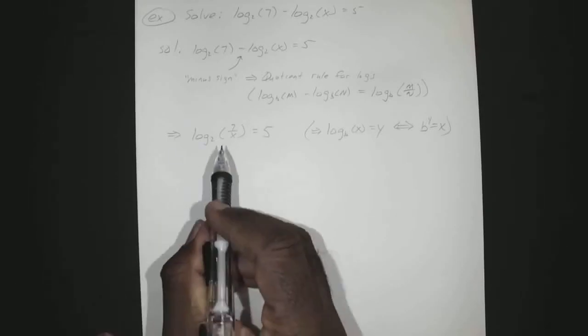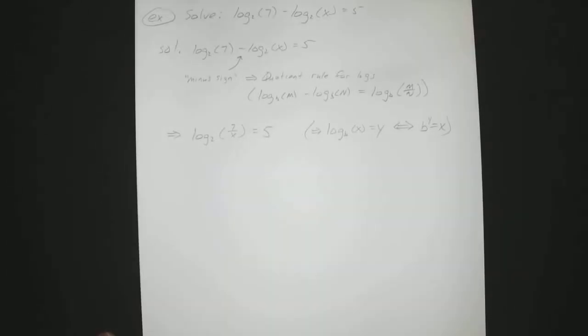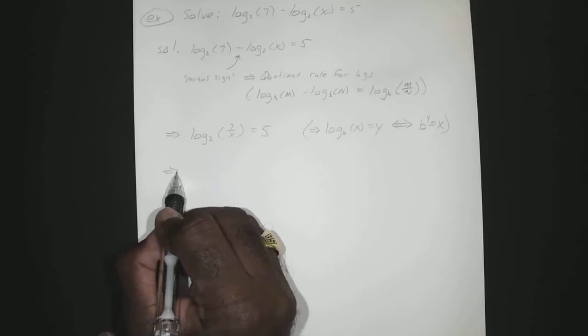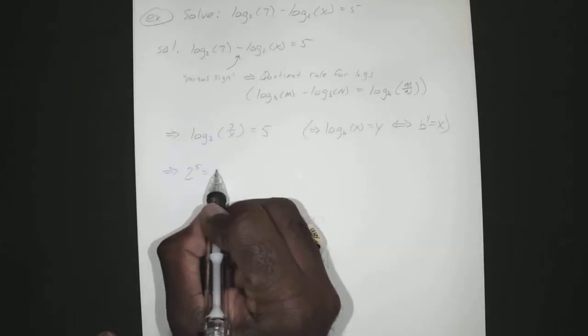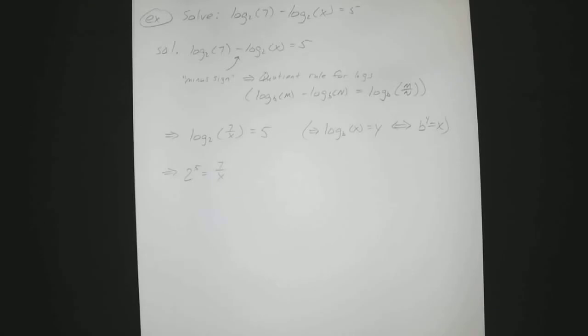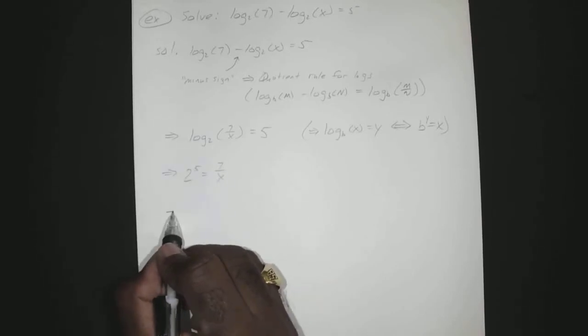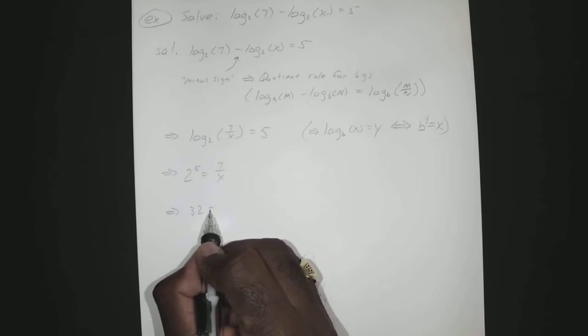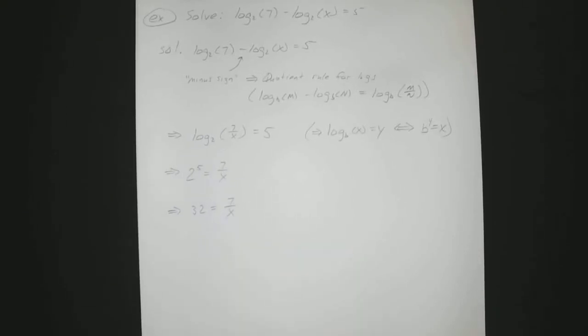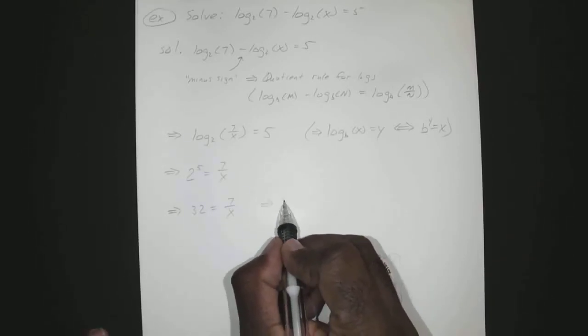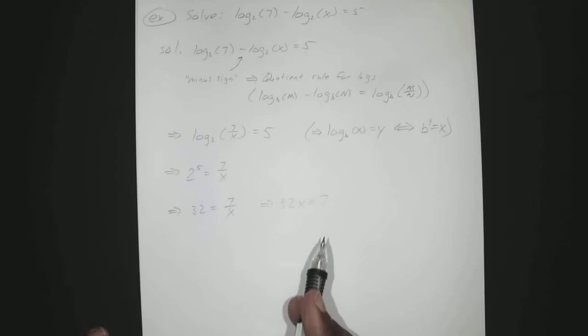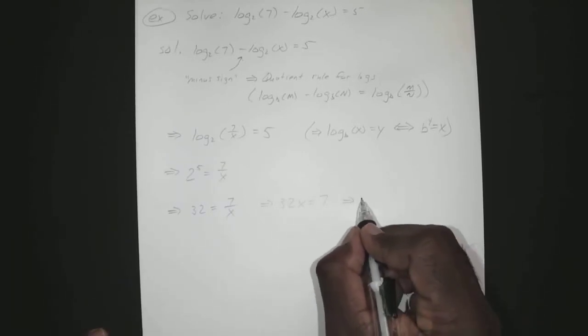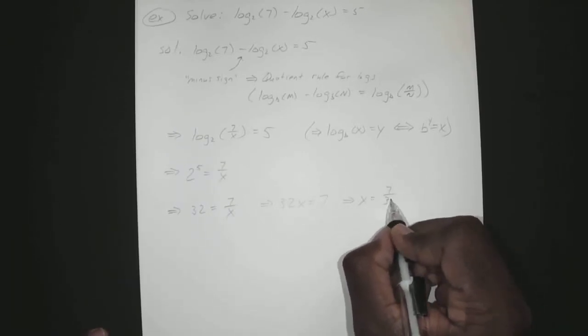So this becomes 2 to the power of 5 equals 7 over x, or 2 times 2 times 2 times 2 times 2, which is 32, equals 7 over x. If we multiply both sides by x, we end up with 32x equals 7. Divide both sides by 32: x equals 7 over 32.